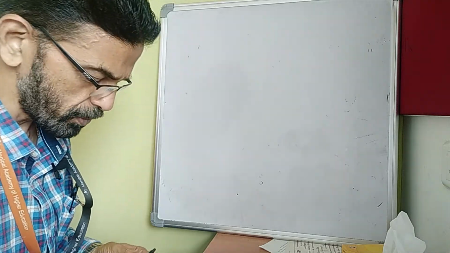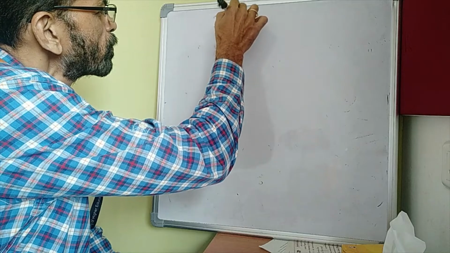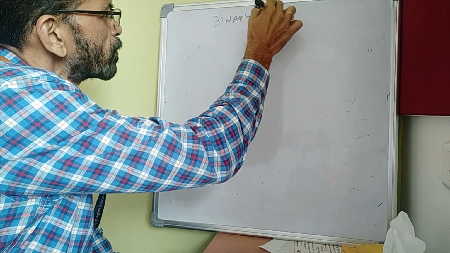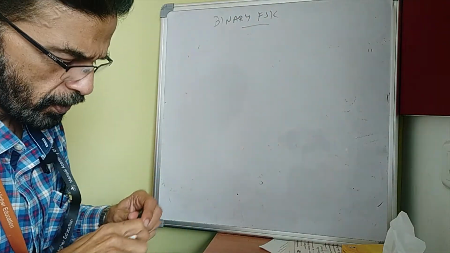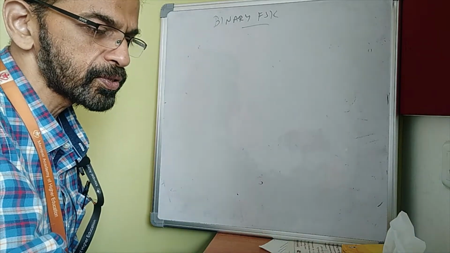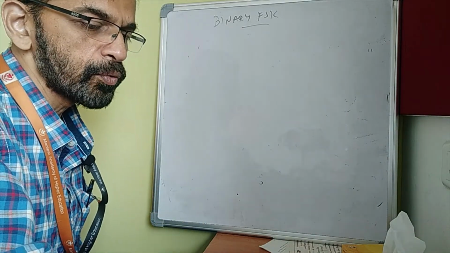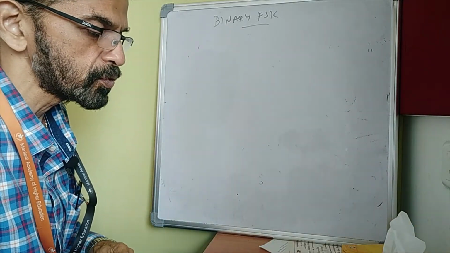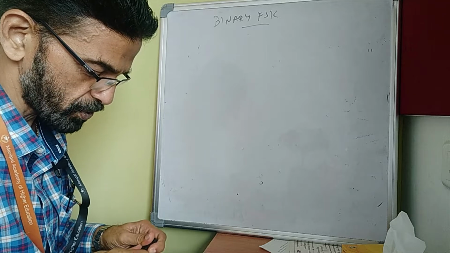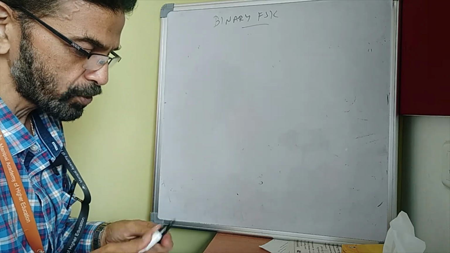Now moving on with the next binary modulation scheme, we take the case of binary FSK. For binary FSK, the calculation of bandwidth is somewhat lengthy as well as tricky. So what I will do is outline the steps. I will not go into each and every detail, but I will clearly tell you what is to be done.